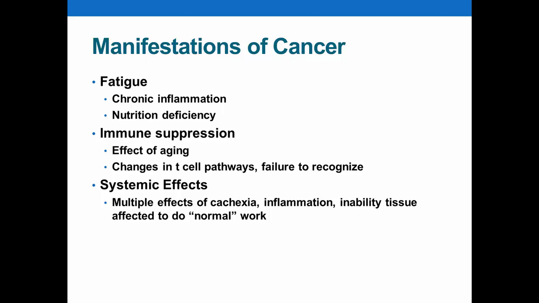Changes in the T cell pathways that we talked about and the failure to recognize cancer cells as not good antigens is part of that immune suppression. And then last but not least, when we look at systemic effects, we have to look at the multiple effects of cachexia, inflammation, the inability of the tissues to do their normal work because those tissue cells are completely dedicated to the cancer cell survival.